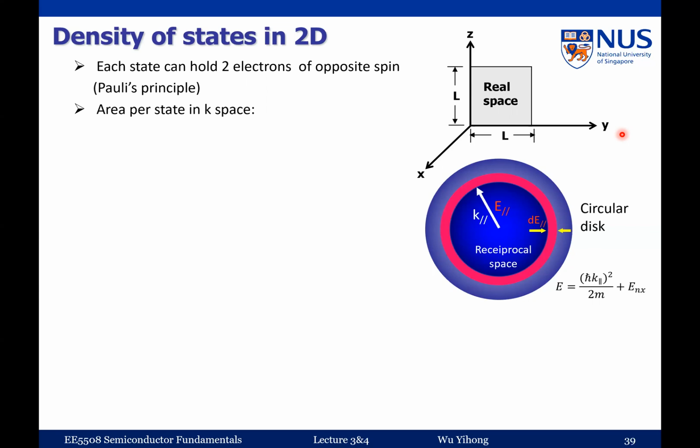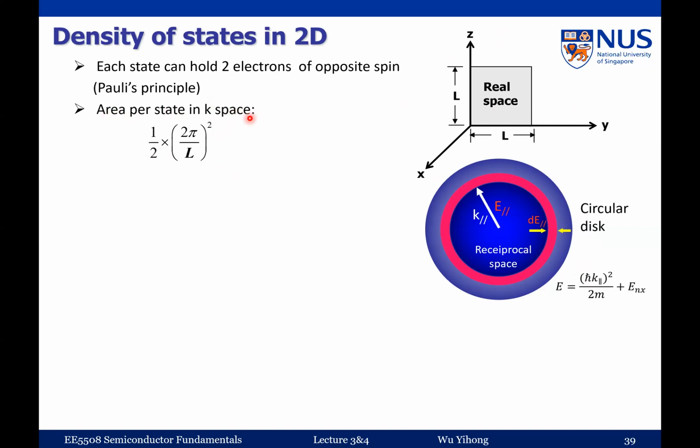And then the area occupied by 1 electron in k space, in 2D k space. For 2D k space, of course, you don't have a spherical shape. You only have a circular disk, because you only have k parallel, basically kz and ky.